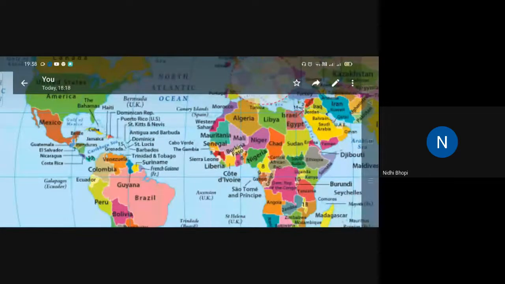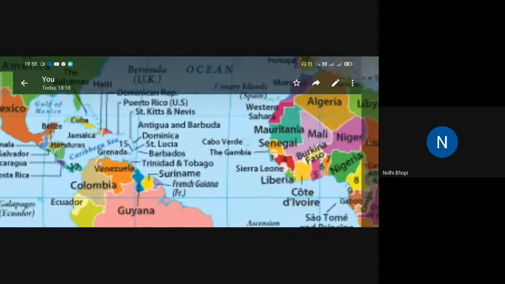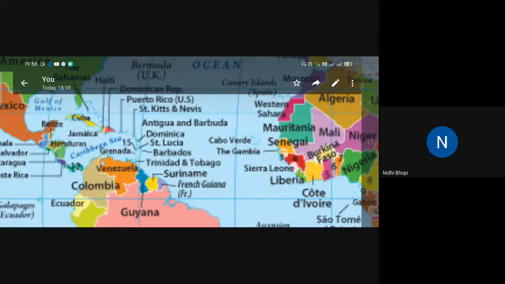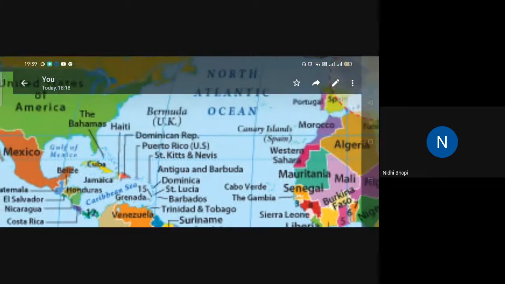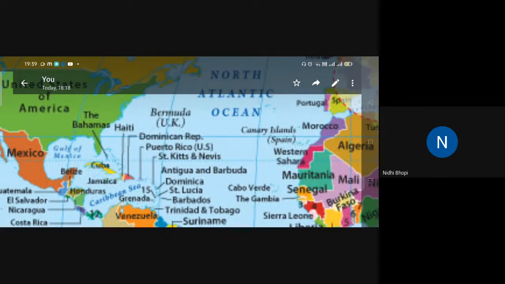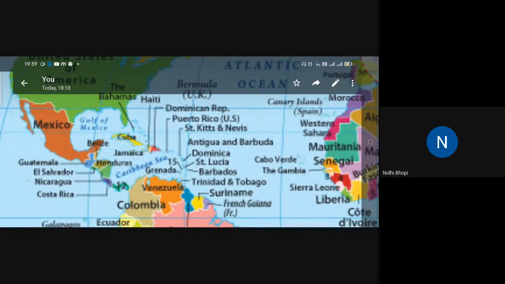Now, if I little bit make it larger, you can see Caribbean Sea, Caribbean, Jamaica, Barbados, Saint Lucia, Dominica, Grenada, Trinidad Tobago, Antigua, Saint Kitts, Puerto Rico, Dominican Republic, Haiti, Jamaica, Honduras, Guatemala, El Salvador, Nicaragua, Costa Rica.